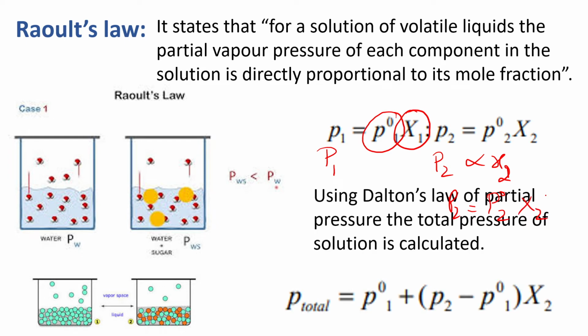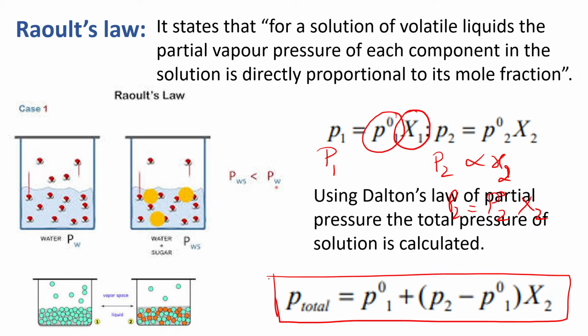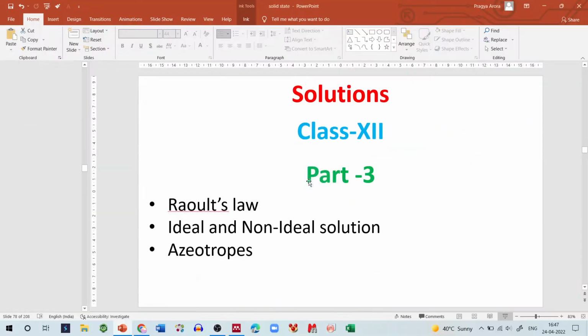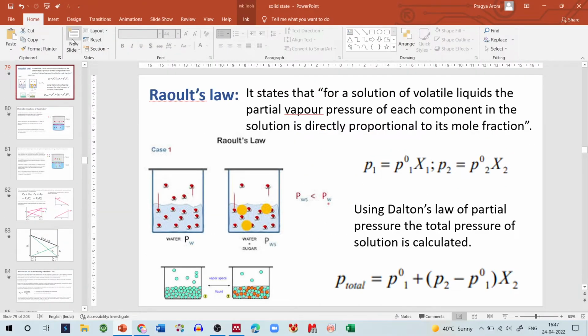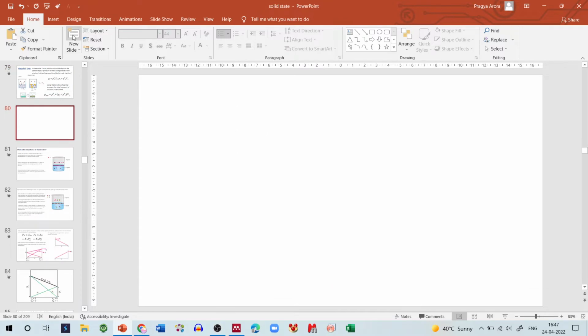Thus, using Dalton's law, this is the equation that I derived. If you paid attention to the derivation that I did, I tried to derive this equation. Let me derive it again for you.